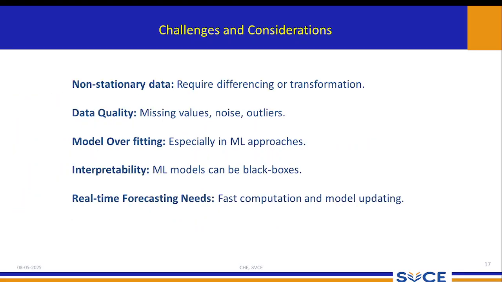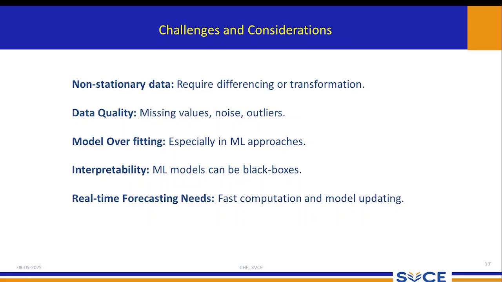Coming to the challenges and considerations: non-stationary data, data quality, model overfitting, interpretability, and real-time forecasting needs. Non-stationary data require differencing or transformation. Data quality: missing values, noise or outliers are challenges.